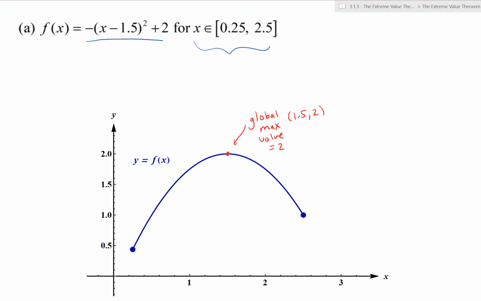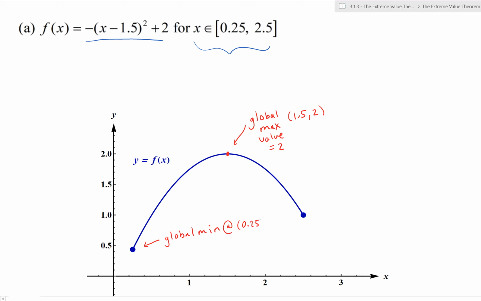We can also see at the endpoint right down here, the left-hand endpoint, that over this particular interval, that's the smallest the function gets. So right there, there's our global min, and it occurs at the location, well, x is 0.25 there, right? That's our left-hand side of our interval.